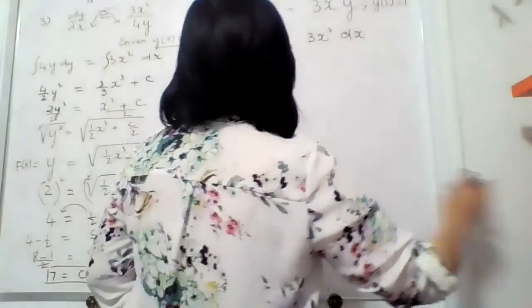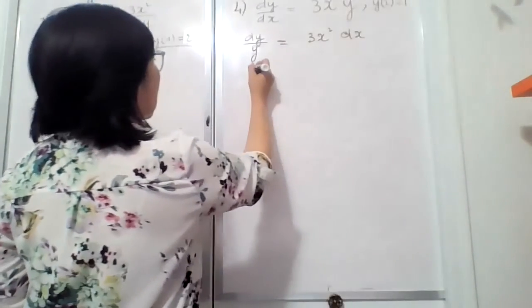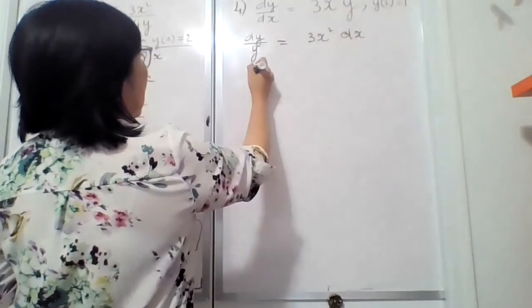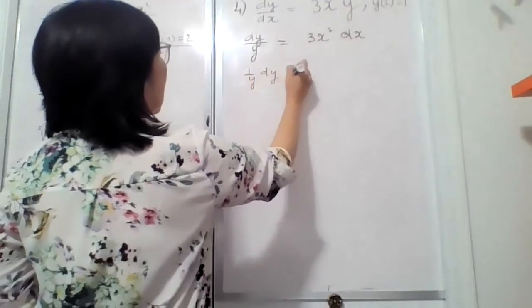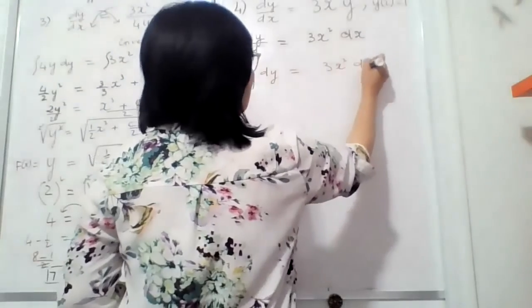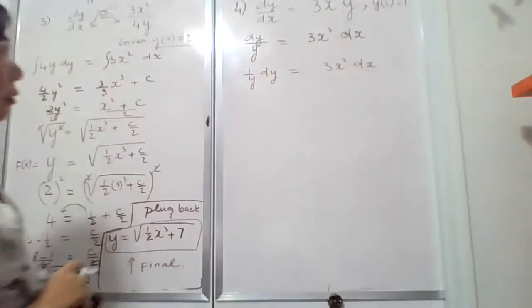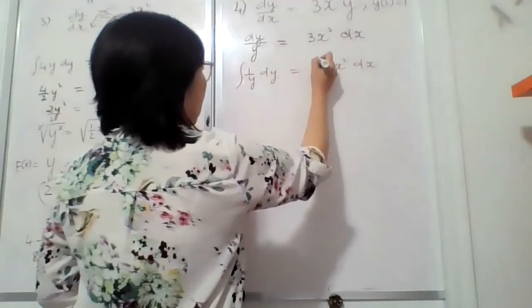Let's leave it like this for now. So I'm going to say 1 over y dy equal 3x squared dx. Right? So now integrate both sides.